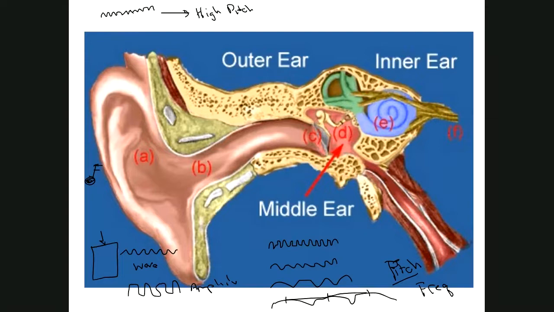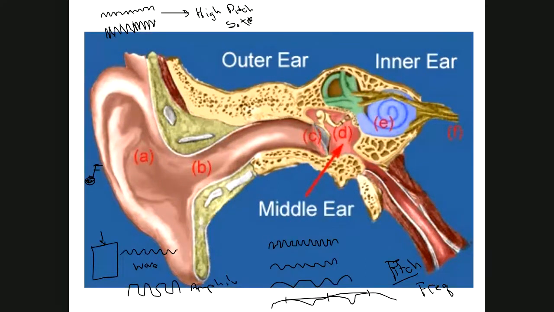It's not very loud, but it's high pitched. But look, if I take that same pitch and I make it look like this, it's the same pitch, but now it's louder. If I do it even more, it's the same pitch, but it's even louder.